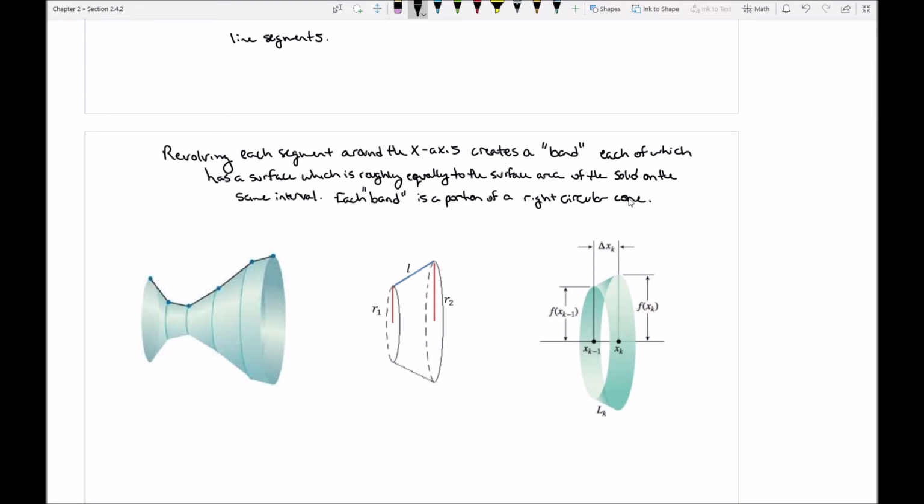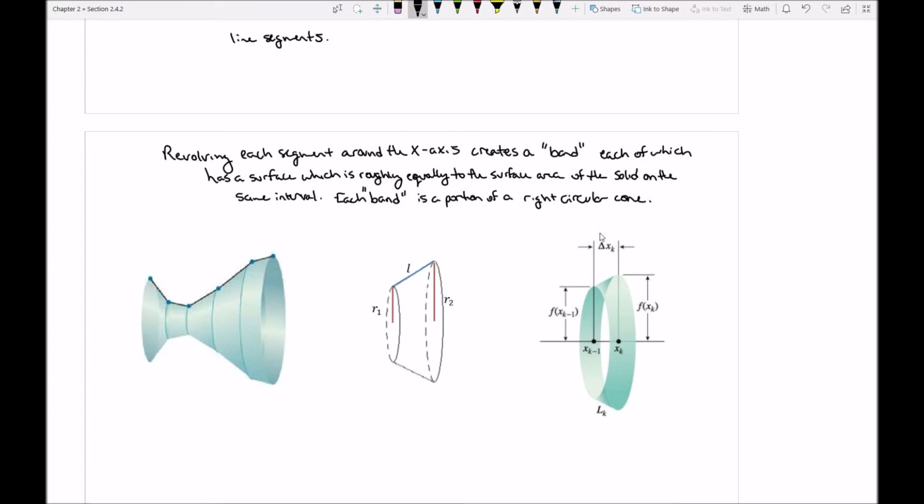You can kind of see here that if I was to imagine looking at one of these bands, maybe like in the second picture here, if I was to continue to extend out these edges that I have, eventually they would meet up and they would come to a point, and I would have the shape of a cone. So these shapes are kind of created from taking a cone and kind of lopping off the top side of that cone. And these shapes actually have a special name.